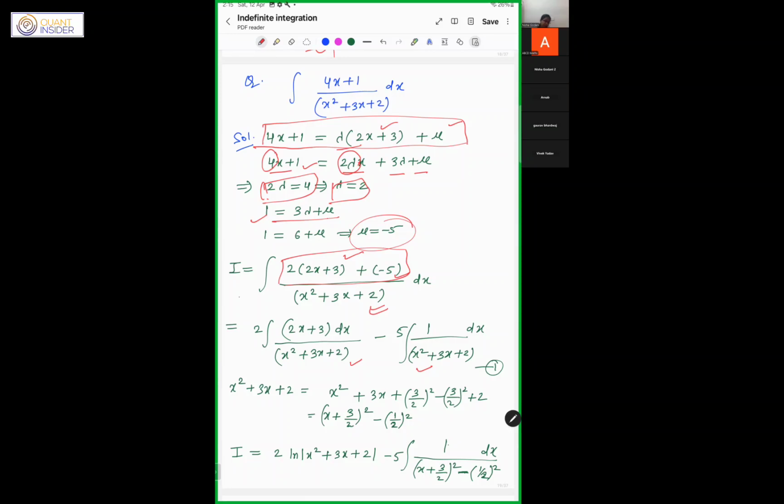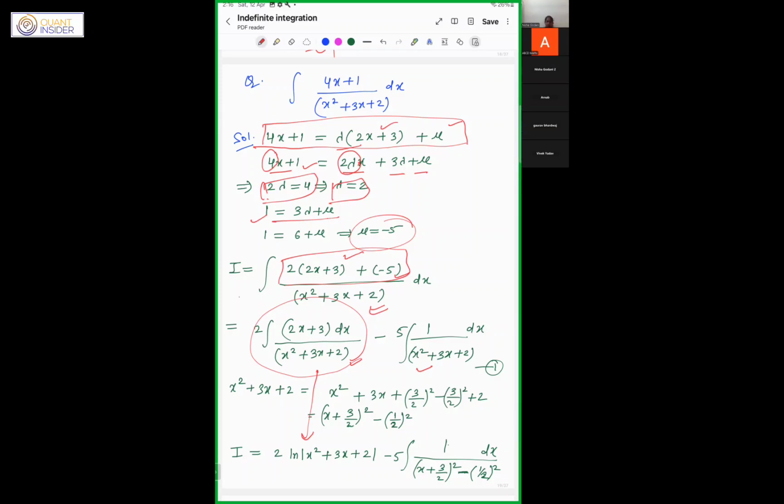Now, the first term: you can apply the previous result, integration of f dash x upon fx. This gives log of the denominator, because its differentiation is present in the numerator.